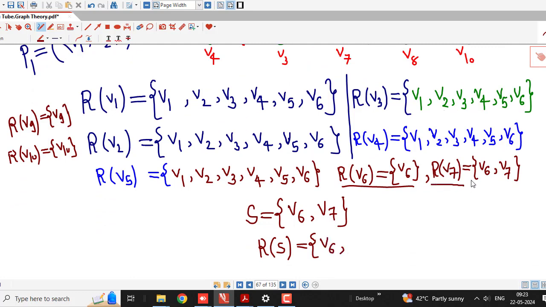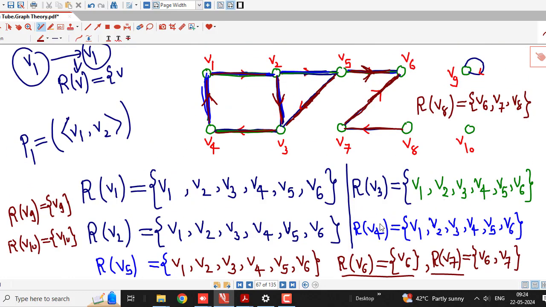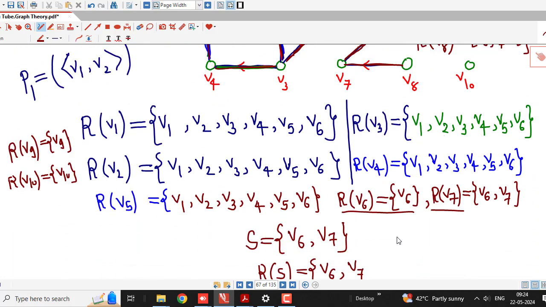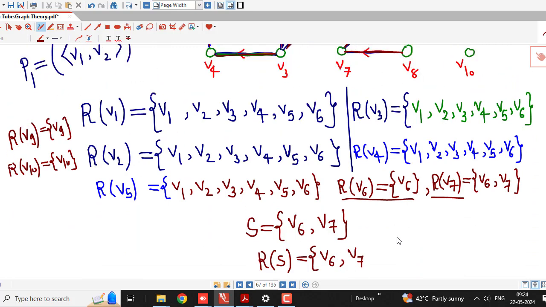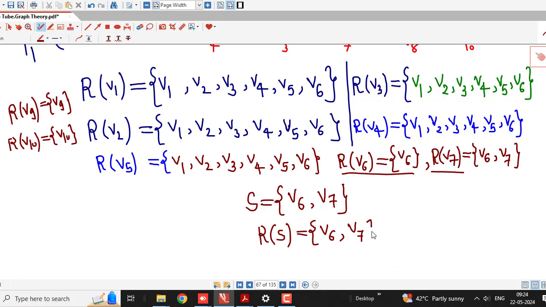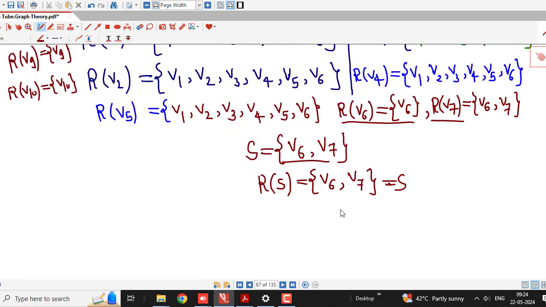Then for V7 we have seen that V7 and V6 are reachable, and there is no other node which is reachable from V6 and V7. So reachable set of this subset is that subset itself.